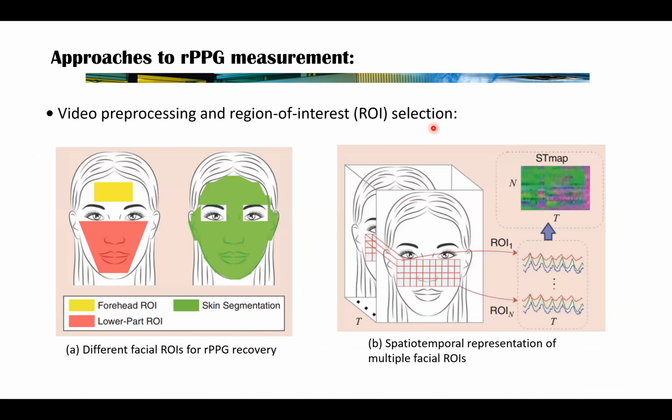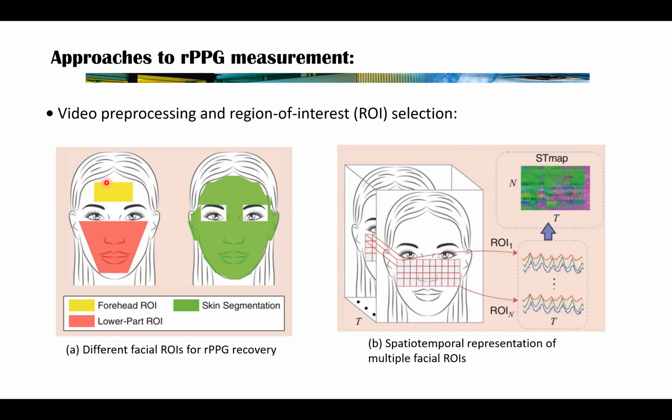Here I show two very classical ROI selection methods. For this one, they assume that the ROI regions around the cheeks and the forehead have stronger rPPG cues.